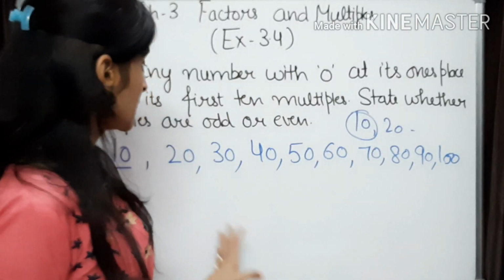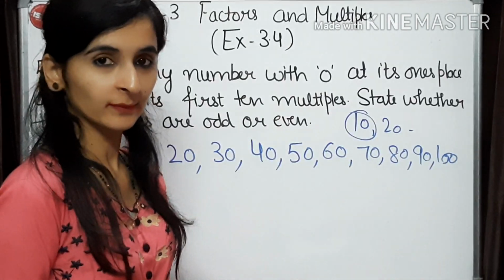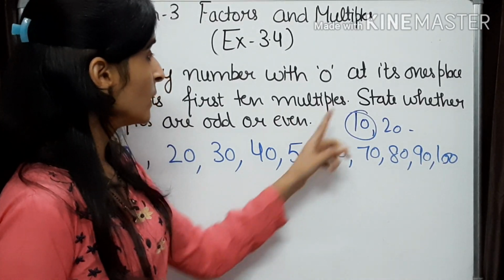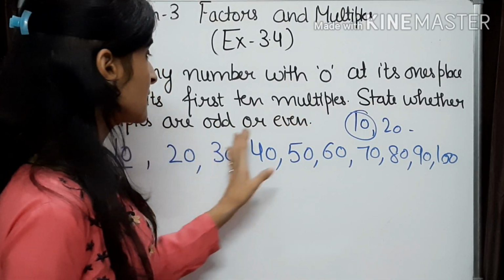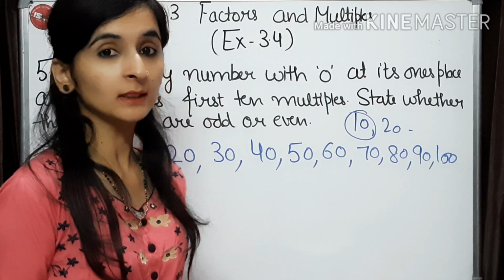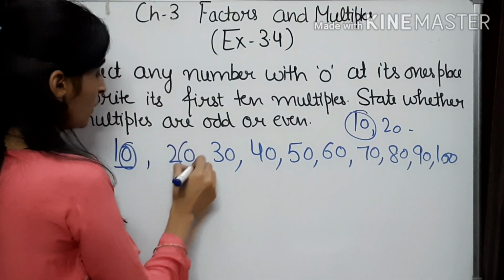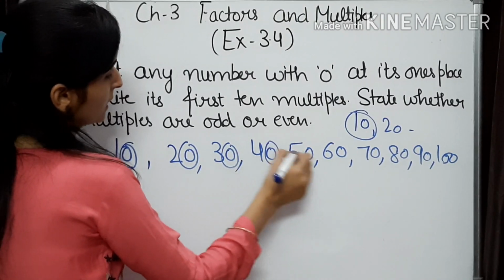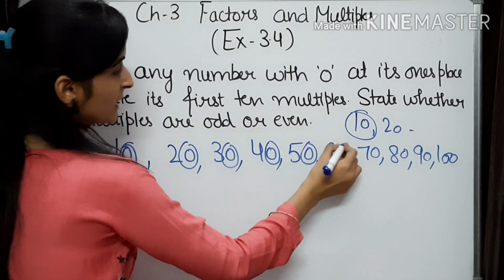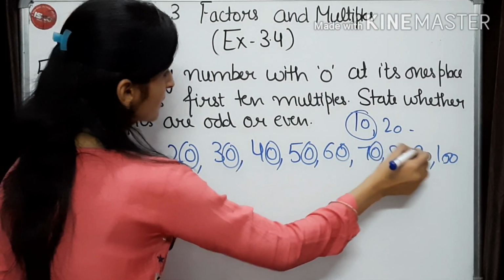Now we have found the multiples of 10. Now we have to check whether these multiples are odd or even. So children, as we can see, there is 0 on the ones place of all the multiples.